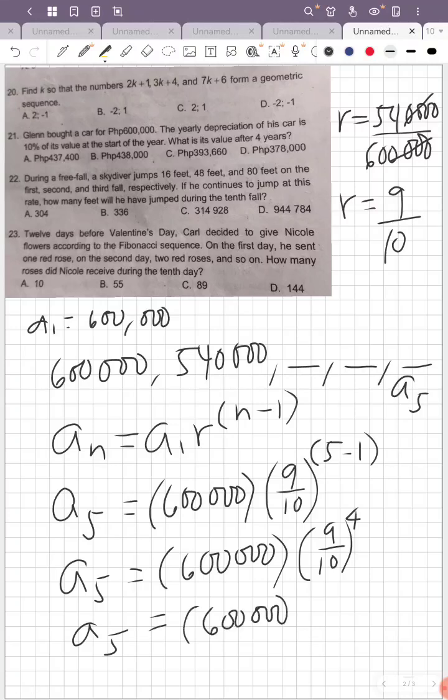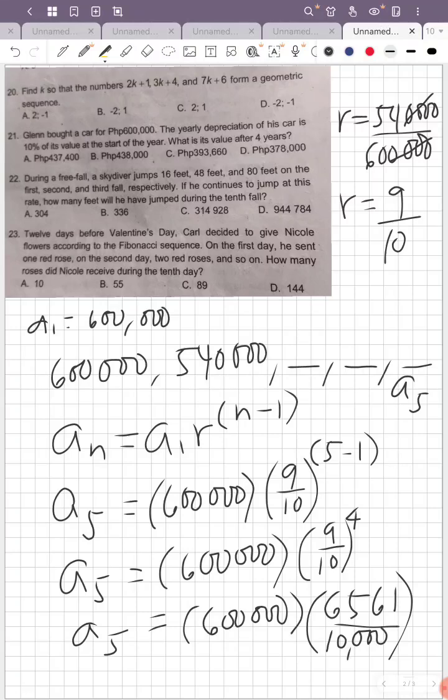So we're gonna have 9 raised to the power 4 is 6,561, and 10 to the power 4 is basically 10,000.